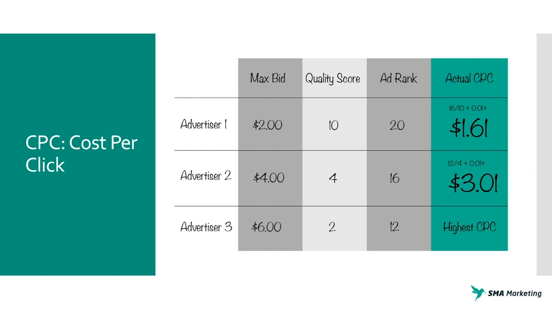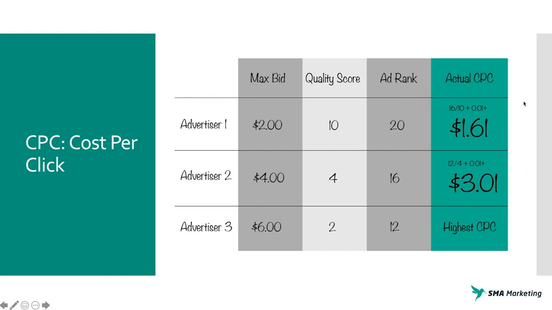And advertiser 2, again, they've got this 12 ad rank here, and they're going to divide it by their quality score and add the cent here. As you can see, they have a $3.01 actual cost per click. They're paying almost twice as much as the advertiser from them in that same category.